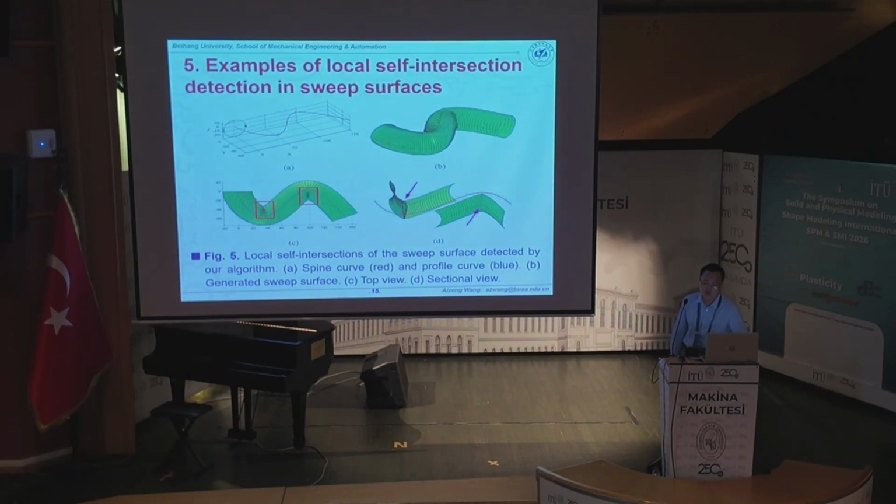Figure B shows the generated sweep surface. The proposed algorithm successfully detects local self-intersection regions on the sweep surface, marked by the red box in figure C. Figure D provides a section view of the surface, focusing only on the regions near the local self-intersections.